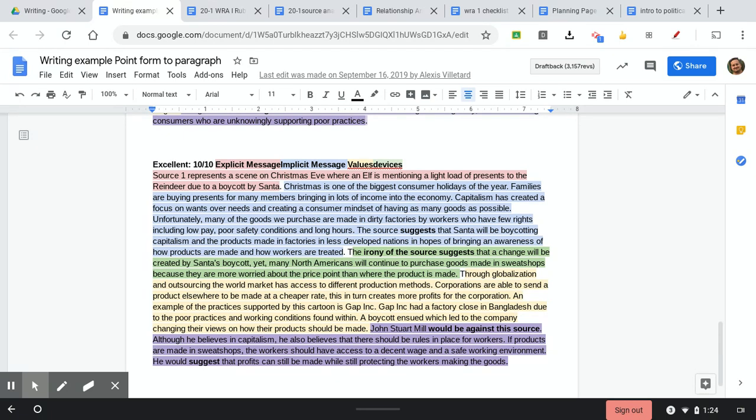Unfortunately, many of the goods we purchase are made in dirty factories by workers who have few rights, including low pay, poor safety conditions, and long hours. The source suggests that Santa will be boycotting capitalism and the products made in factories in less developed nations in hopes of bringing an awareness of how products are made and how workers are treated.